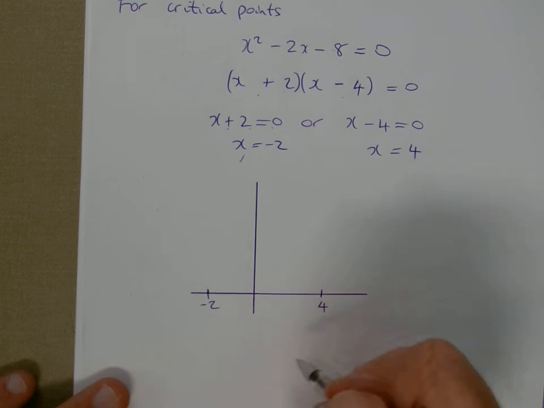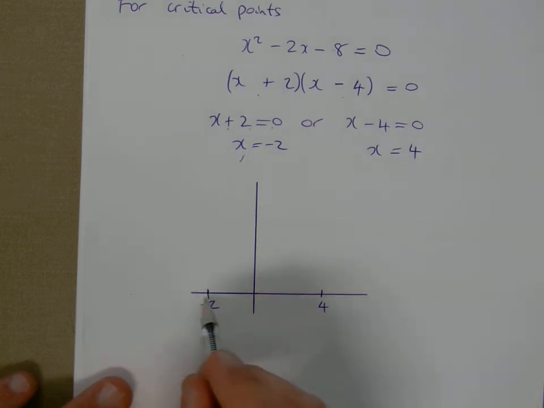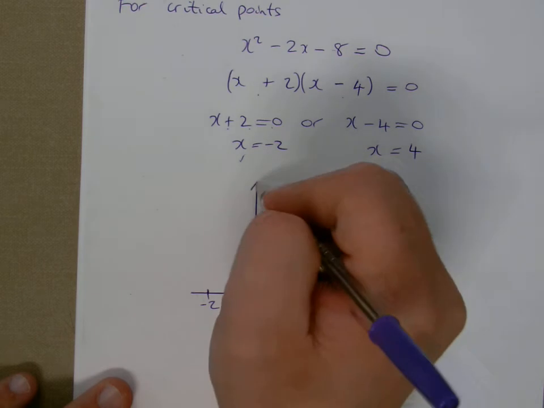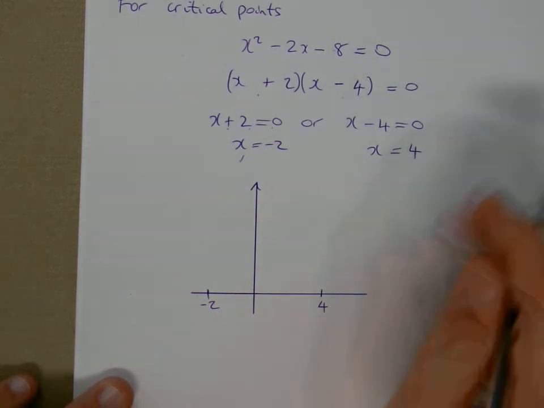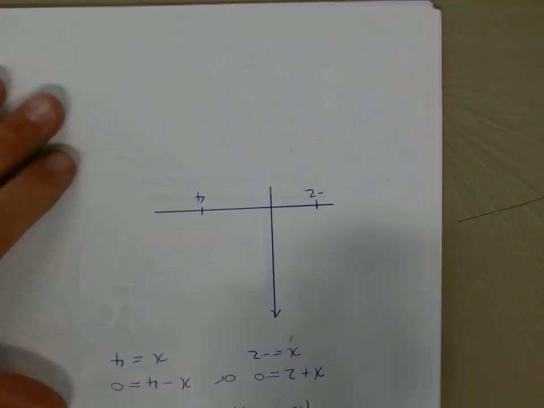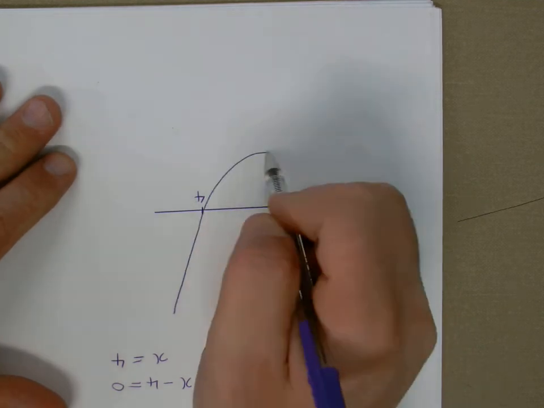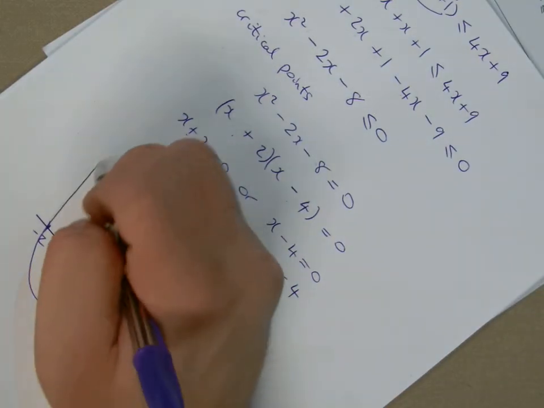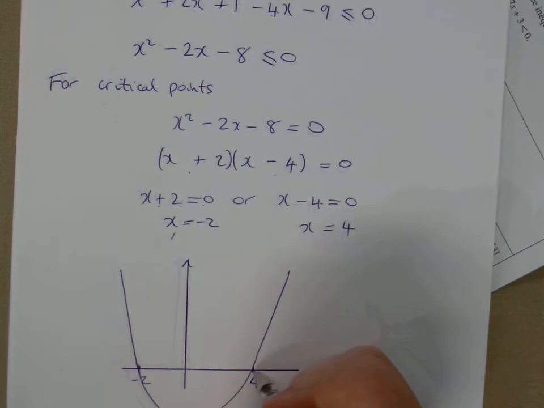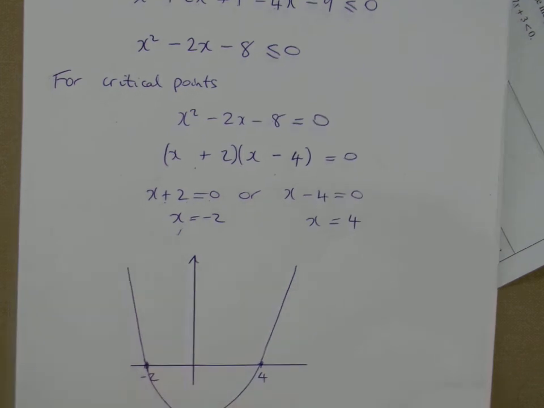Don't worry too much about the scale. Negative 2 here and positive 4 on that side. But the point is your smiley face will go through those 2 points. So I'll rotate it around and we'll have it going through those 2 points. That's your critical point there and there. Those are your critical points.